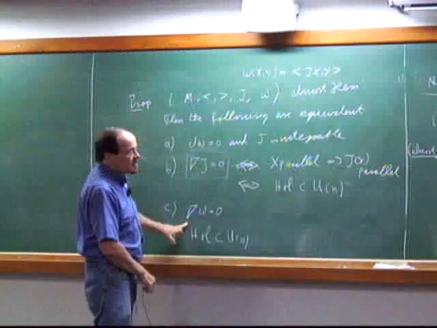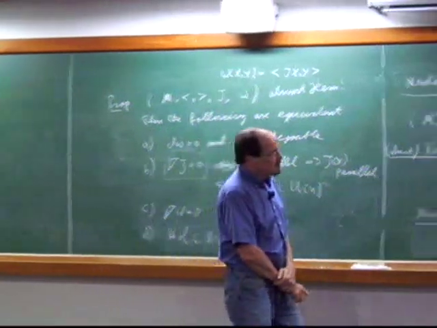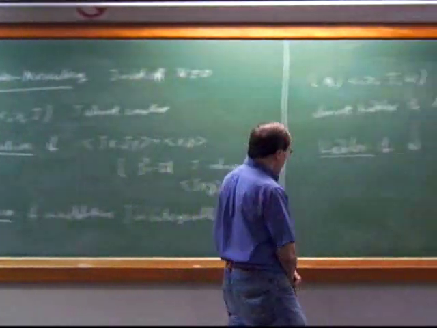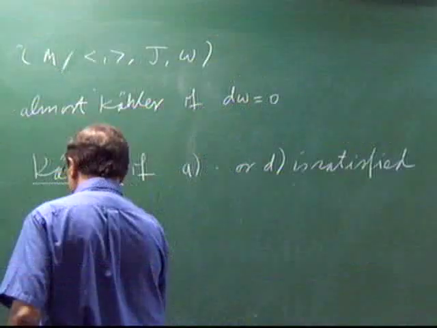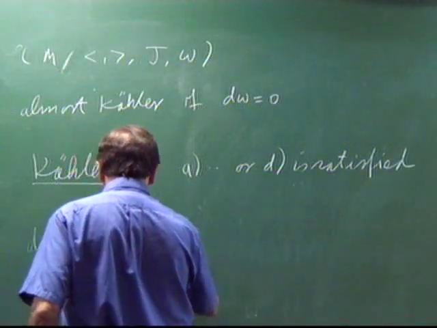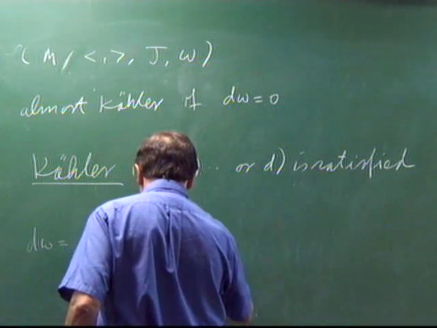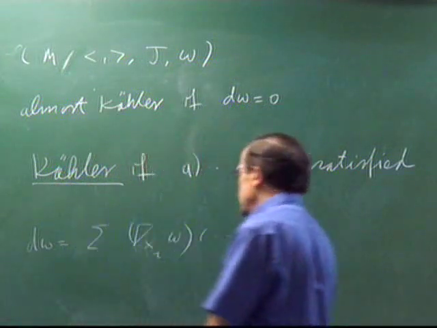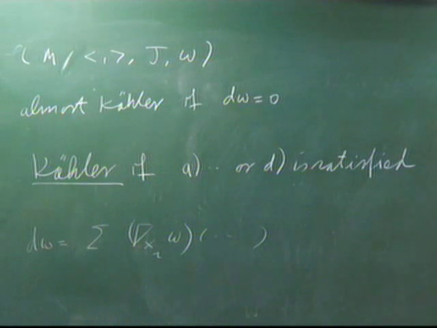This is stronger than saying d omega is 0. Right, so we had this formula, and we remind you d omega was some kind of skew symmetrization of nabla xi omega. So certainly nabla parallel implies d omega 0, but it's stronger. It implies more.